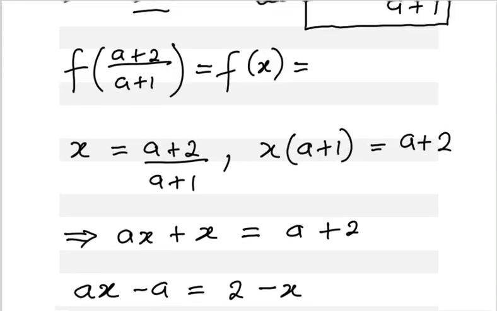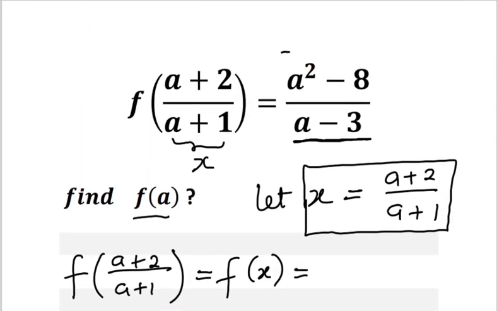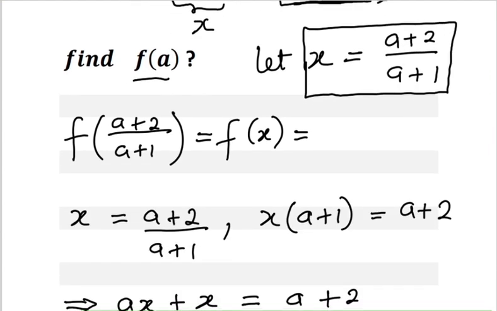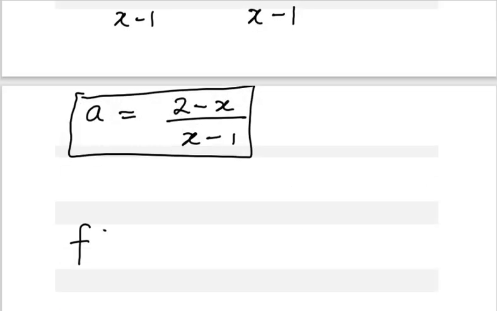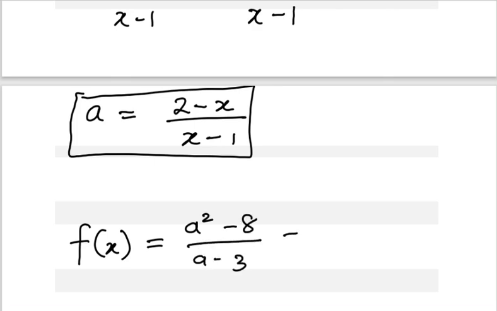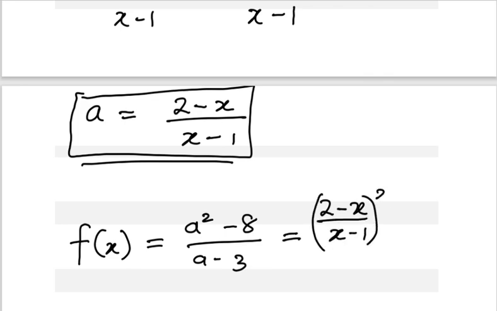So we're going to take that value of a and substitute it into the right hand side. So that means that this is our f of x that we have here. F of x, which initially is a squared minus 8 over a minus 3, is simply going to be, now we put the value of a here, which is (2 minus x over x minus 1) all squared minus 8, all over (2 minus x over x minus 1) minus 3.